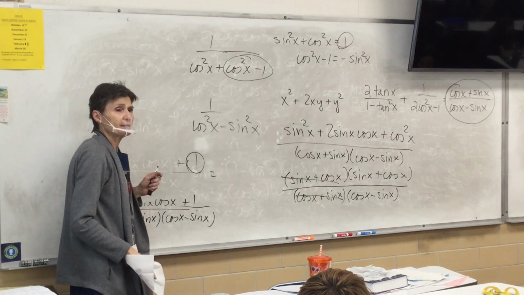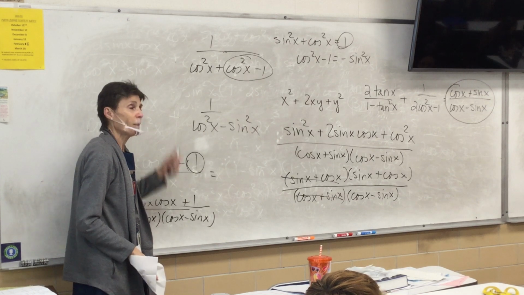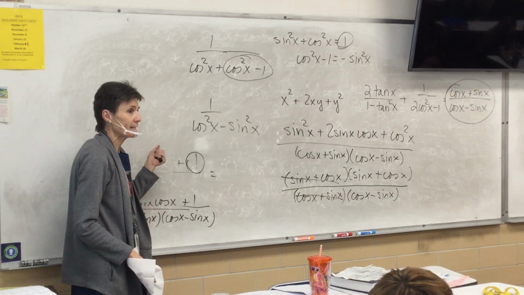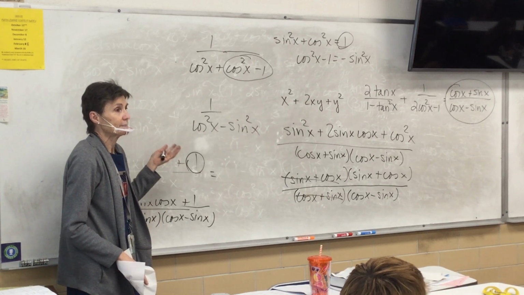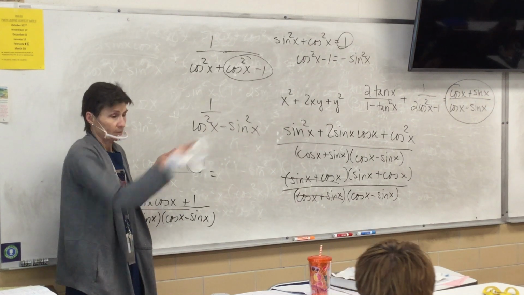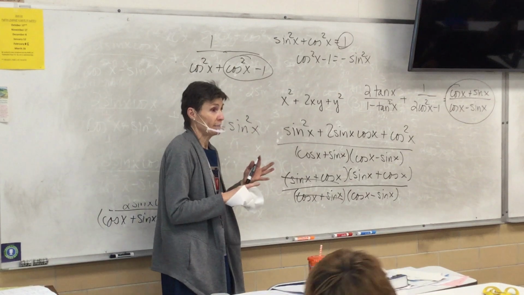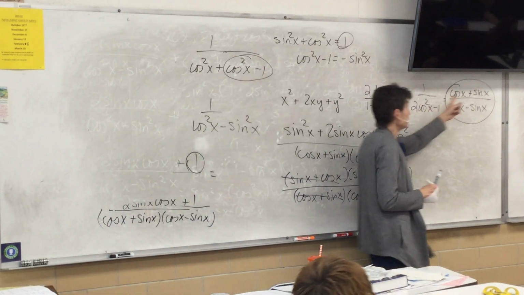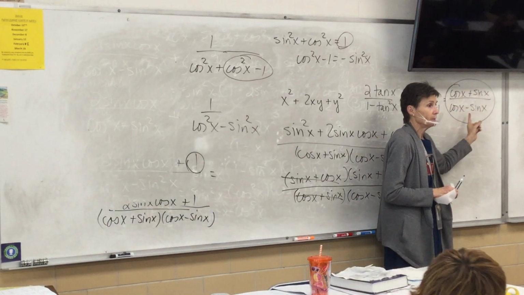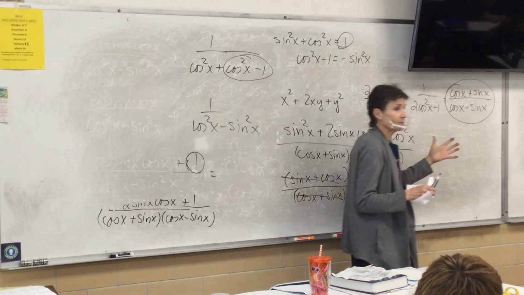What were some techniques we learned? You'll probably never see that particular problem again, but what are some of the techniques we learned? David? Yeah, if you have a 1 that you don't want, are there any 1s in this problem? Any answer here? No. So how do you get rid of a 1?